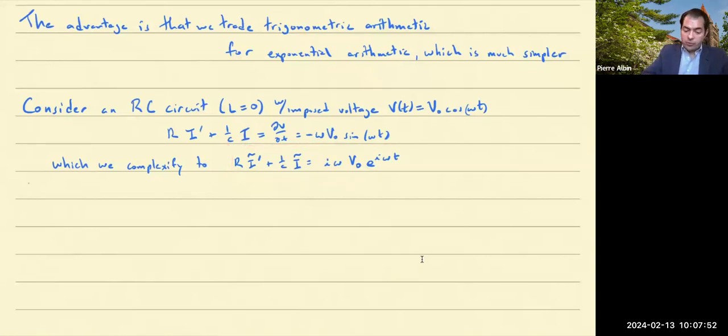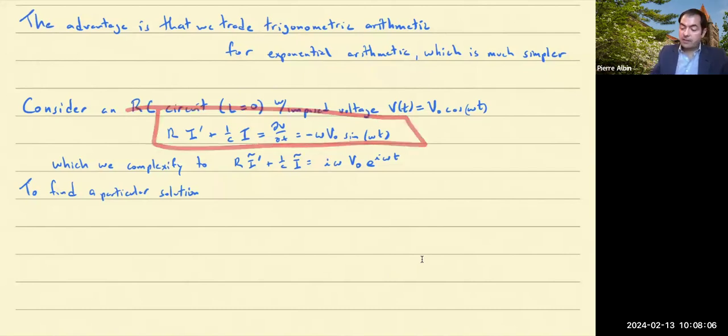We need to find a particular solution. And so if we had started with the original equation, then to find a particular solution, we would need to try sine of omega t times some coefficient plus cosine omega t times some coefficient.